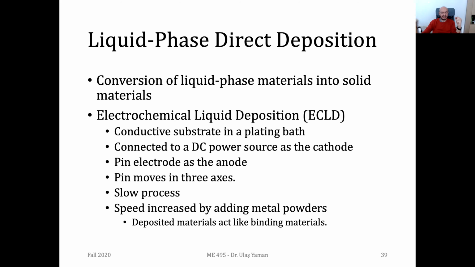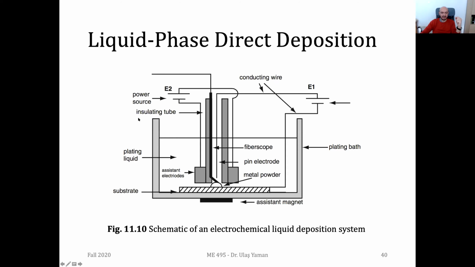I think we should have a schematic here. Yes, it's here. This is a substrate, and we have a kind of printing head. This is moving on the plate, and with the help of, again, the principles of plating, we can deposit material on the substrate, but this time in a controlled manner.